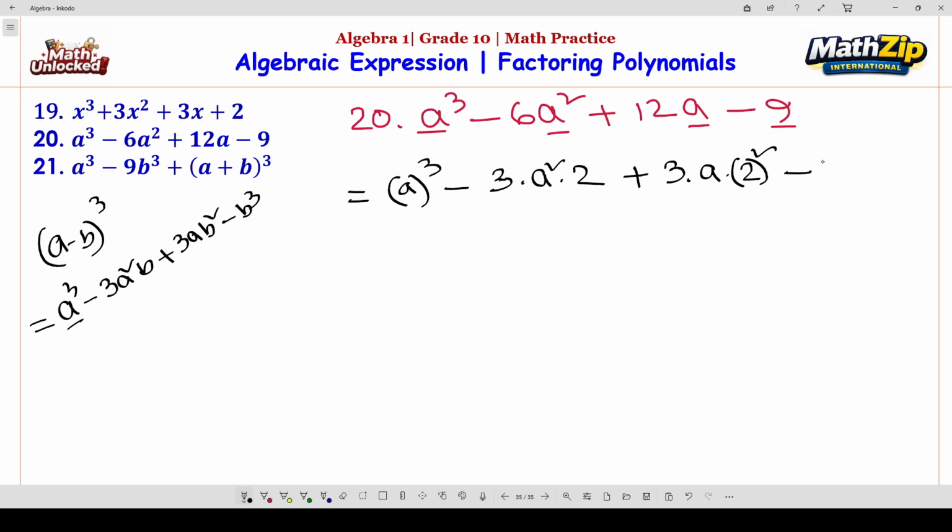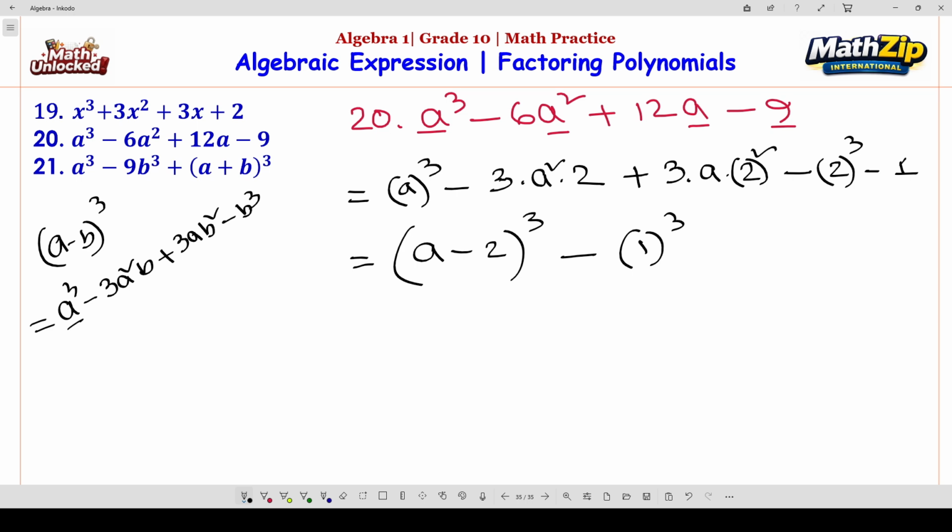And then minus b cube, 2 cube, so minus 8. We can also write minus 1. So now this whole thing will be a minus b whole cube. It means a minus 2 whole cube minus 1 cube, right?